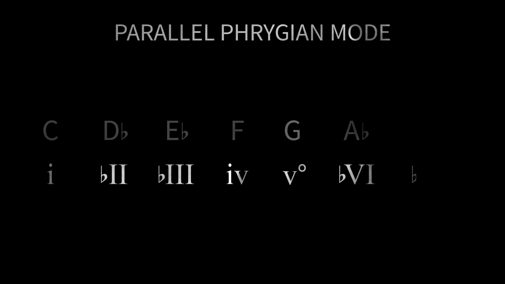But another way we can think about the flat 2 is as a borrowed chord from the parallel Phrygian mode. If you build C Phrygian, you get the following scale. And its 2 chord is the D flat major, our flat 2 chord.